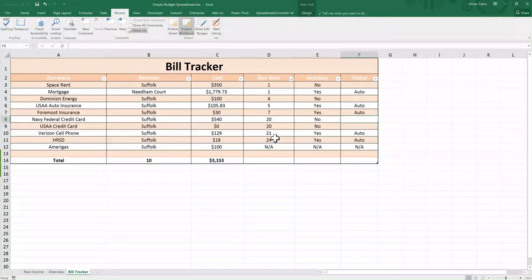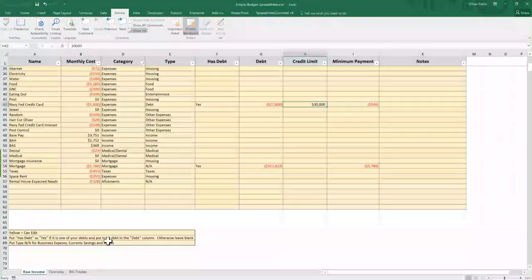I was having trouble keeping track of when my due dates were because some of them wouldn't allow auto pay. So if you print this thing out and throw it on your fridge or something, you can see, okay, on the 1st I got something, the 4th, the 20th I got a couple things due. That way you don't forget, because it's so easy to forget every month, especially when you have multiple houses and stuff like that. But that's pretty much it.